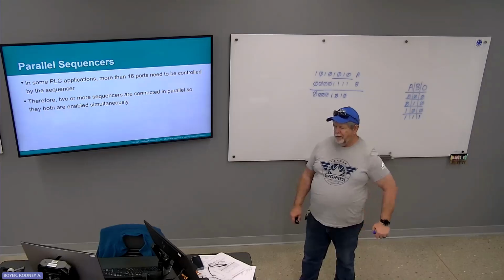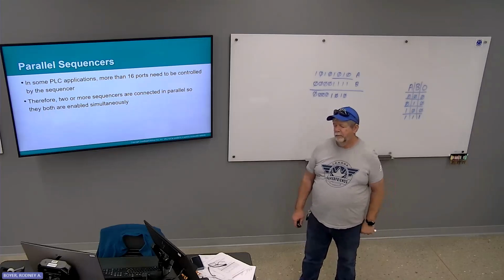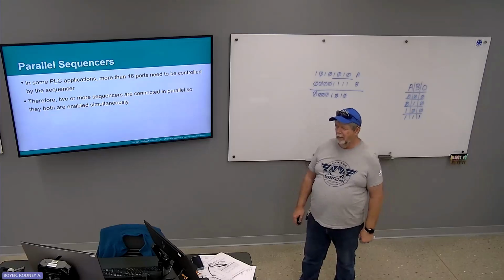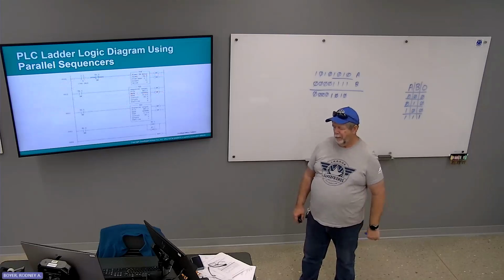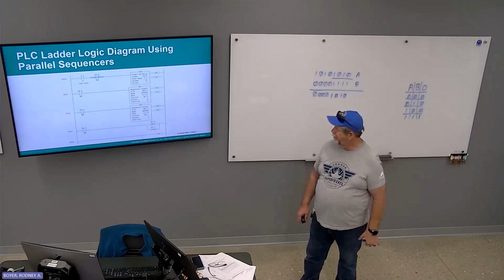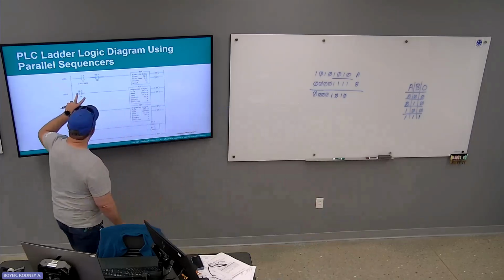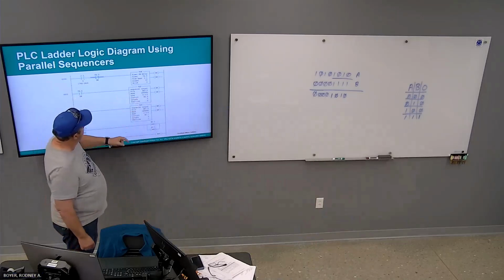Parallel sequencers. Sometimes you need to control more than 16 outputs at the same time, so you can connect them in parallel, so they both operate simultaneously. The same timer done bit actuates both of them.